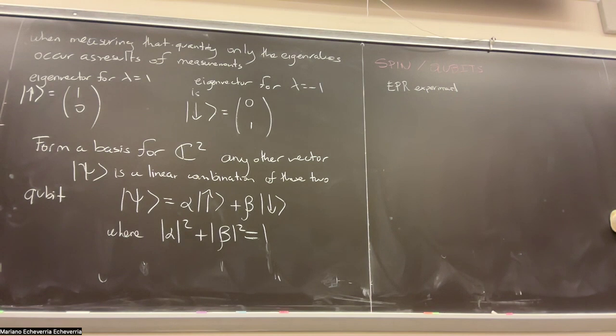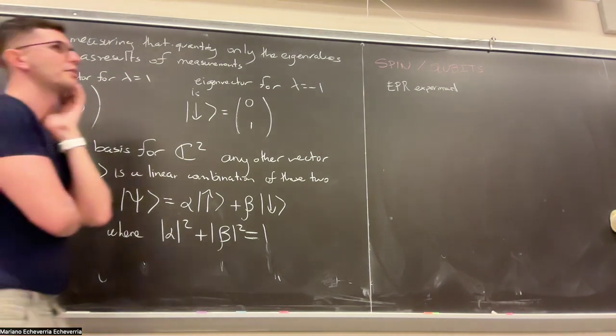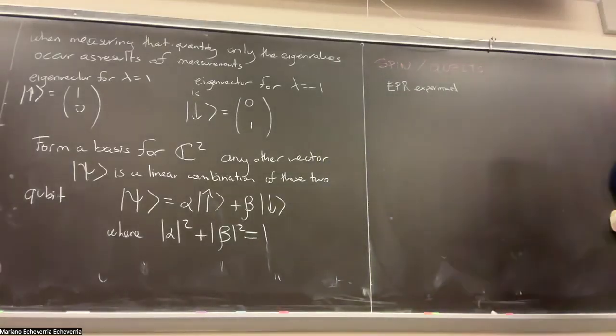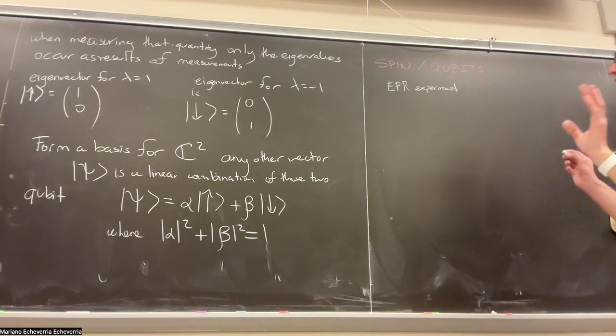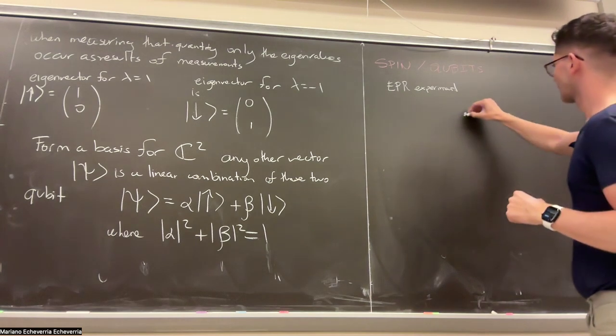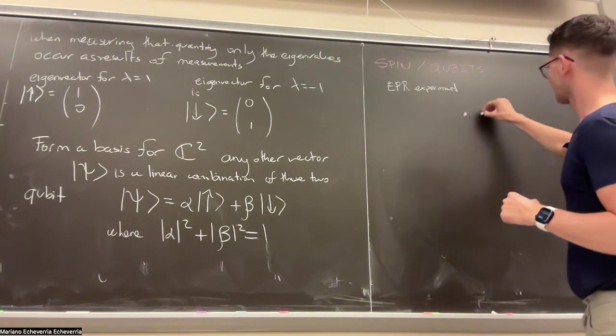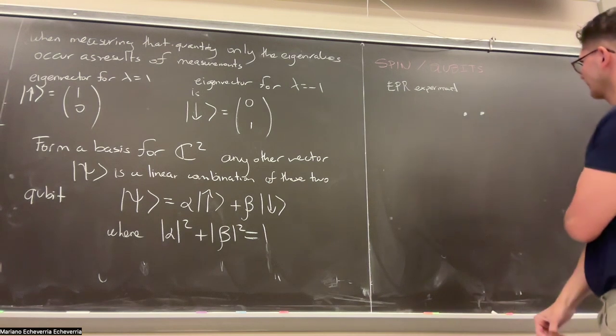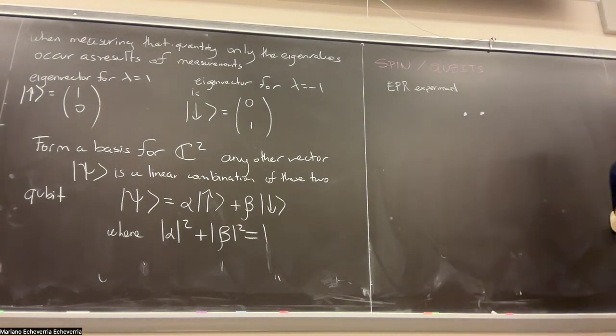The idea is that you can take two of these atoms, or molecules, or electrons, call them however you want for now, and you can prepare them in a way that they are perfectly anti-correlated.